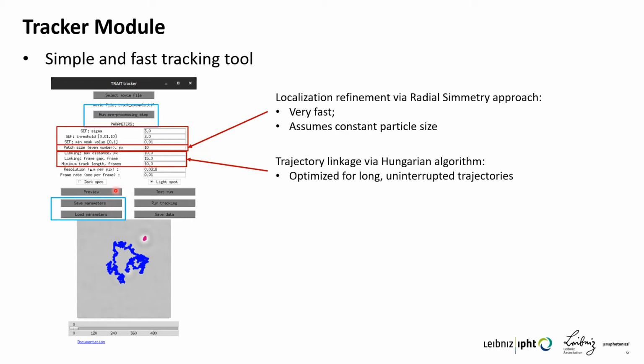We can preview the tracking and save a small portion of the full movie tracking to give a test to our parameters. And then finally, we can save data as a CSV file, meaning saving the multiple trajectories originating from the TIFF stack. And we can also save the movie in which the particles are tracked, as you see in the figure here.